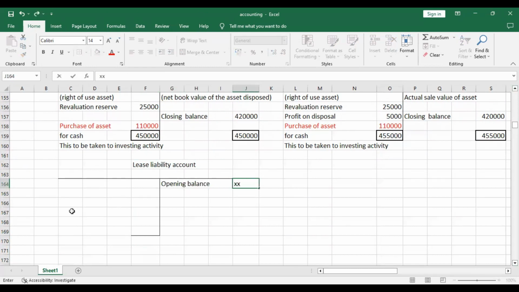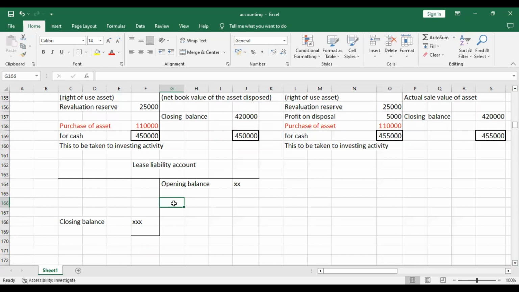Because for a liability account, opening balance will be credit, closing balance will be debit. Then what will come on the credit side? Any new lease obtained.